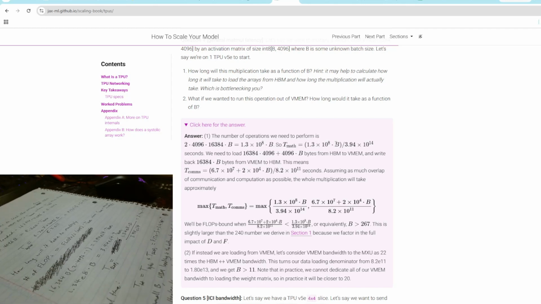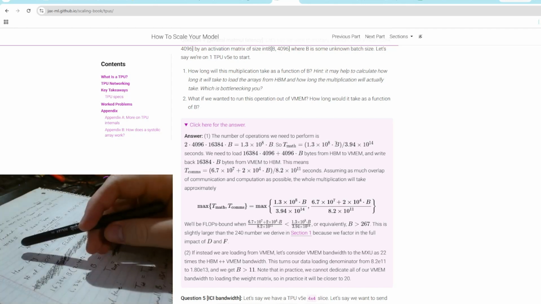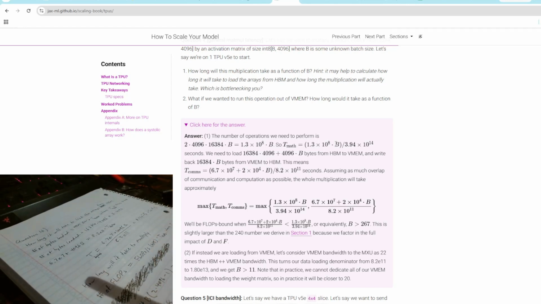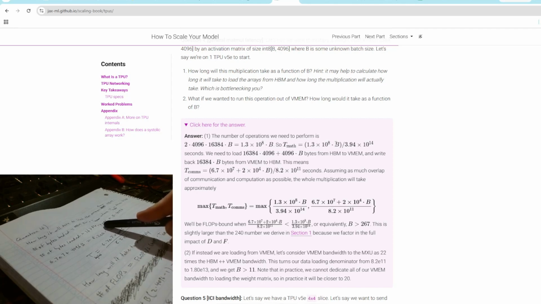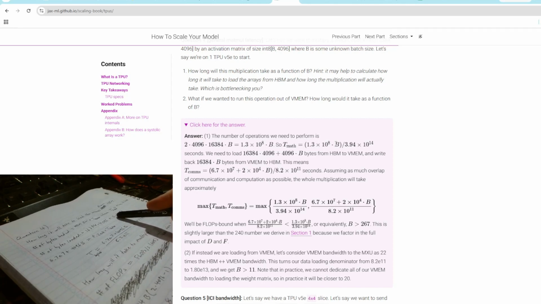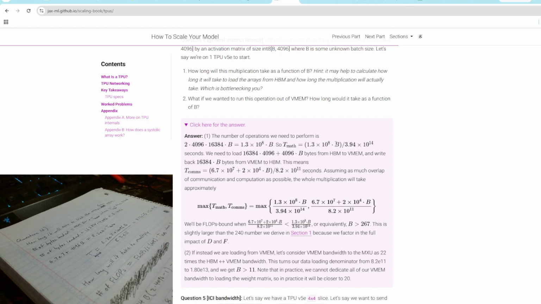Then for bytes, we need to load 16,000 times 4,096 plus 4,096 times B bytes to VMem. They didn't say how long to load them back into HBM. Whatever. Let's just leave what we have for now.